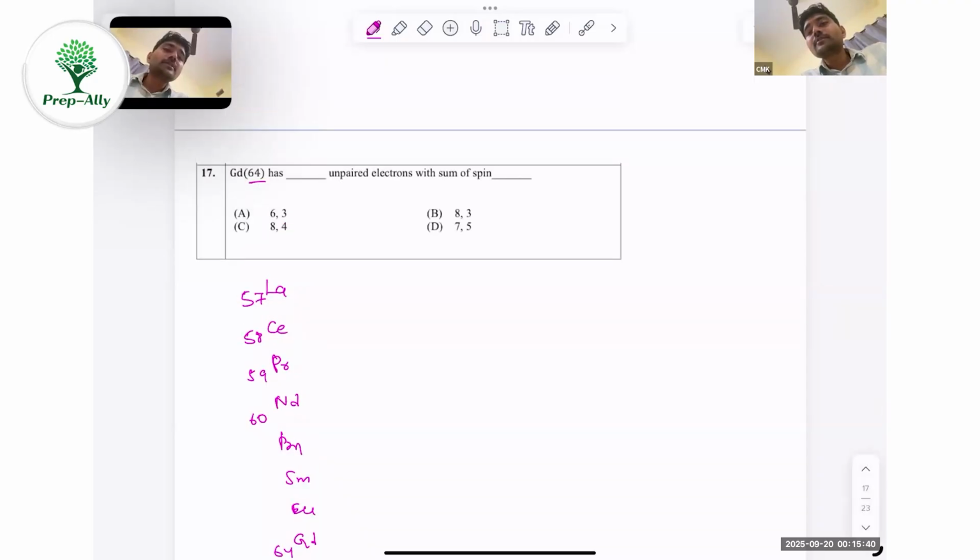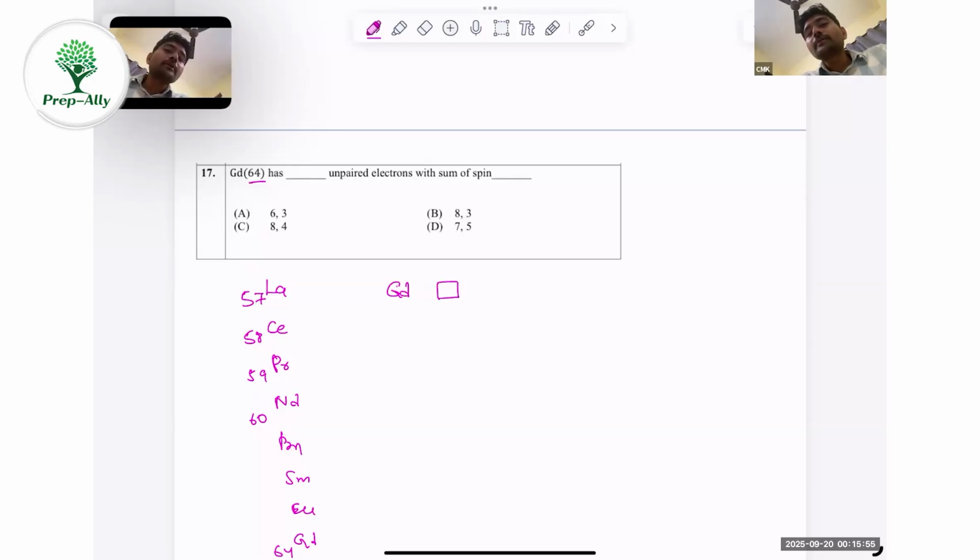So for gadolinium 64, we take the electronic configuration.